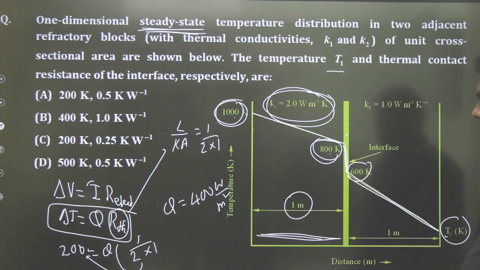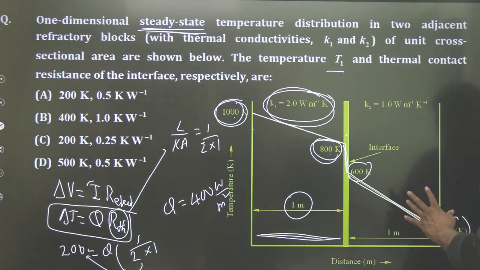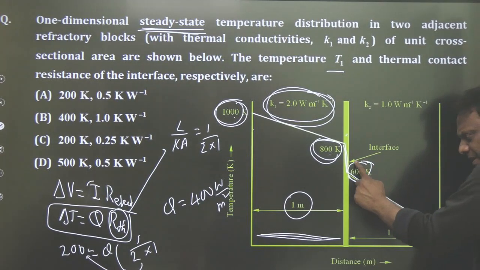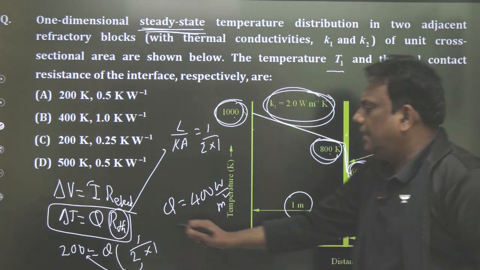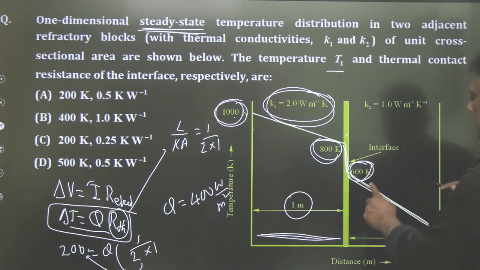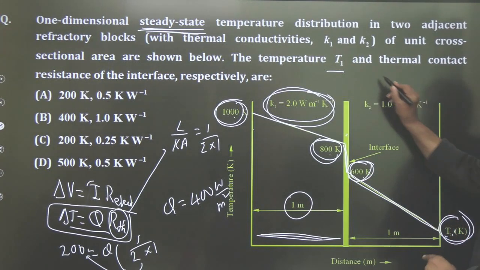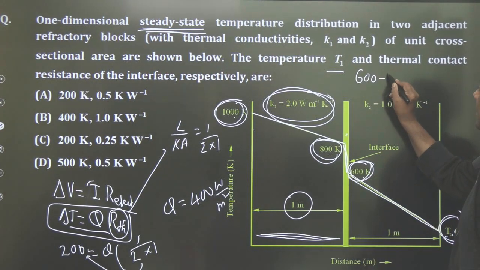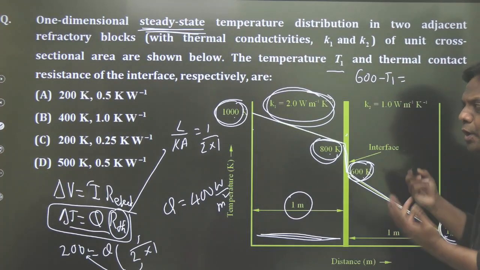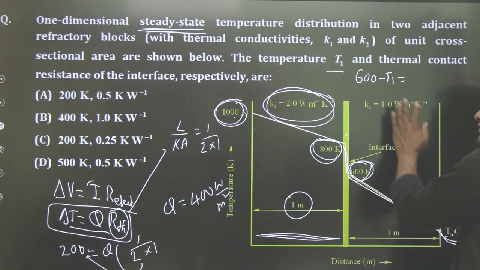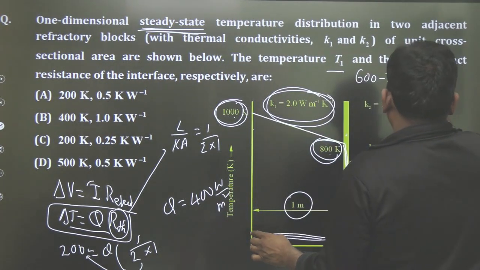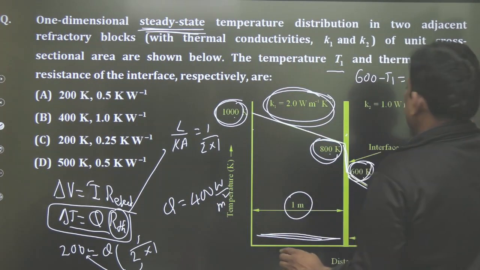Now the heat transfer is known. Can I calculate this temperature by using that heat transfer? Why not? Look here, the temperature is 600, and here it is T1. So I will write delta T is equal to Q into R: 600 minus T1 is equal to Q into R. Already we have calculated Q. It is steady state, so everywhere the heat transfer is the same. Q is 400 into R. What is R?